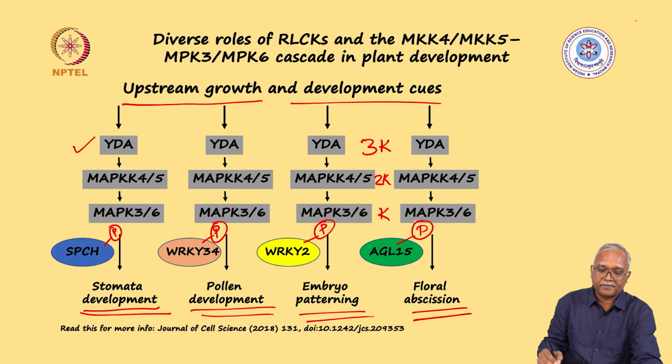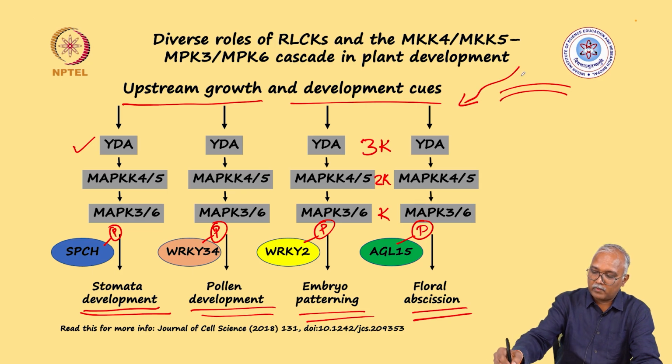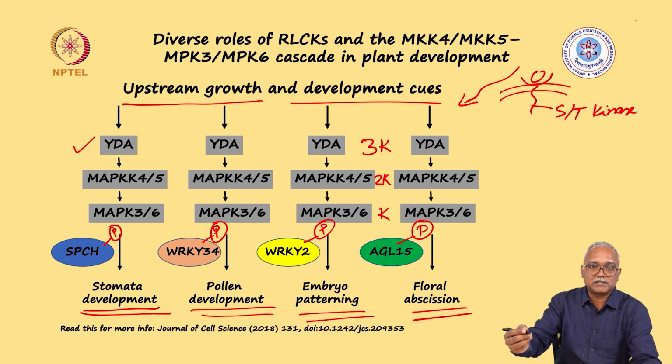Like shown here, before the signal terminates into YDA, it must have originated at the plasma membrane where a receptor found its ligand and started the serine threonine kinase activity by different routes, different modes of signal engaging with the receptor, which we discussed earlier.